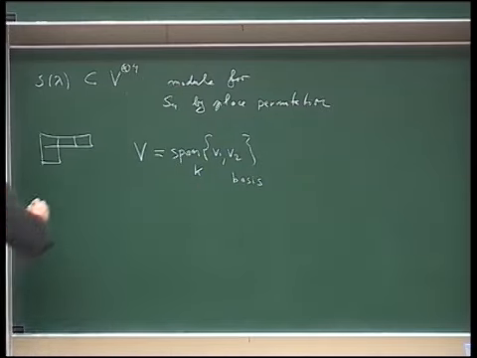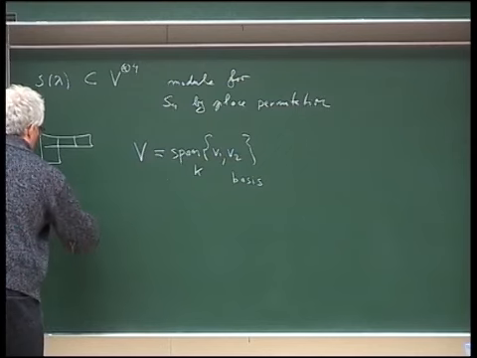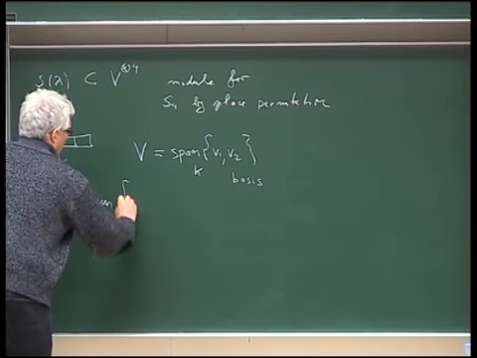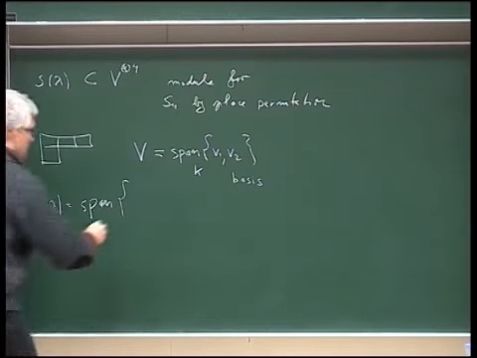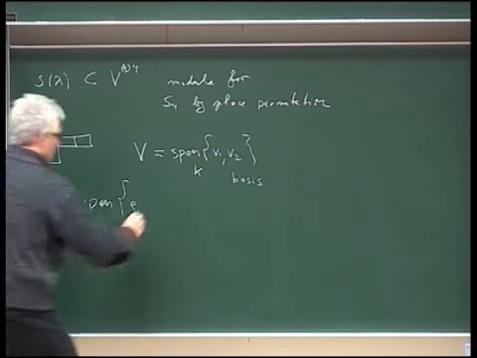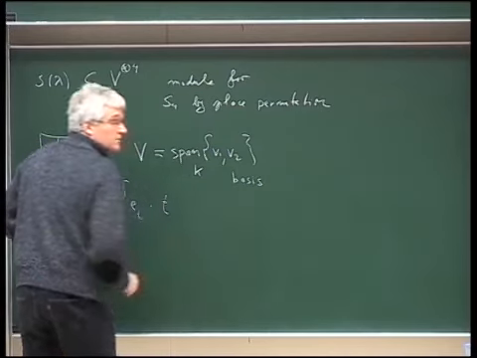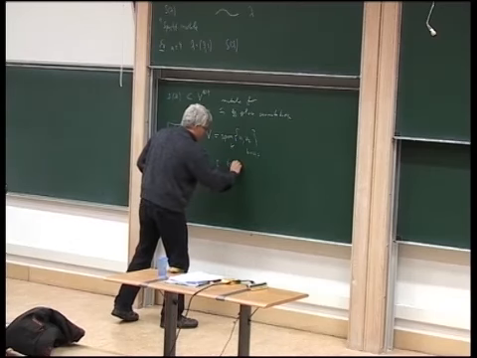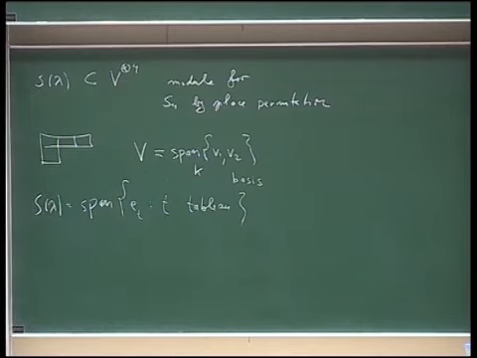And then the Specht module is the span of all ET where T runs through tableaux. So I should explain now this map from tableau to ET.